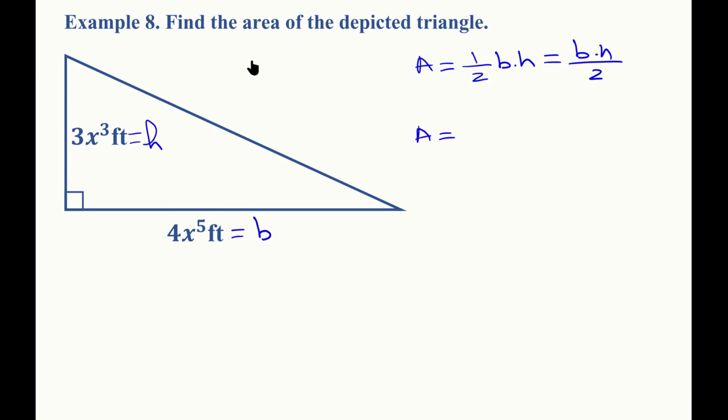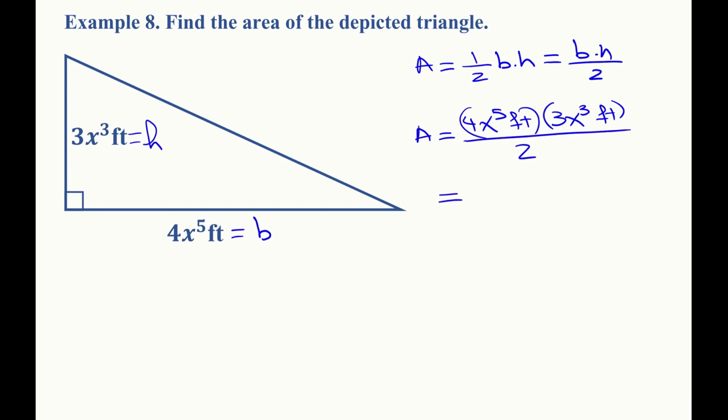We can leave the units out for the time being, or you can bring the units in as well. Let's bring them in so you can see how the units work out. So we get 4x to the 5 feet times the height, which is 3x cubed feet, and then over 2.